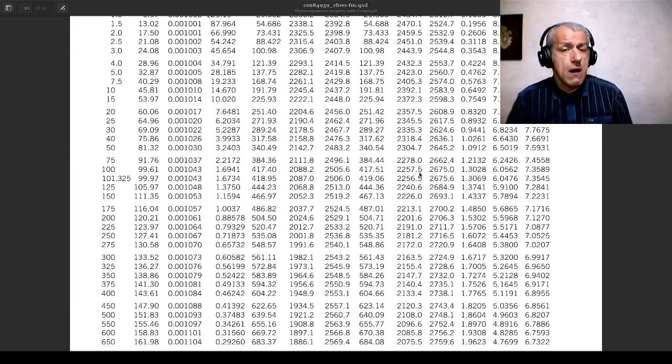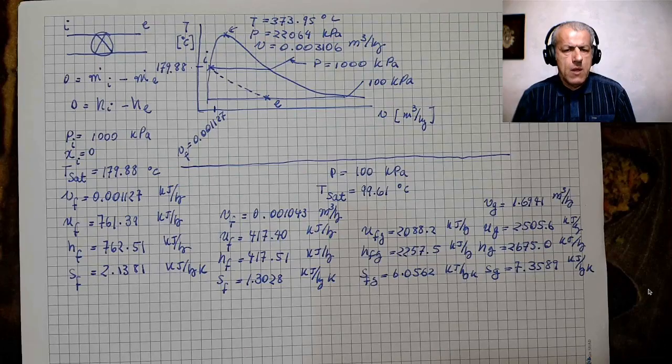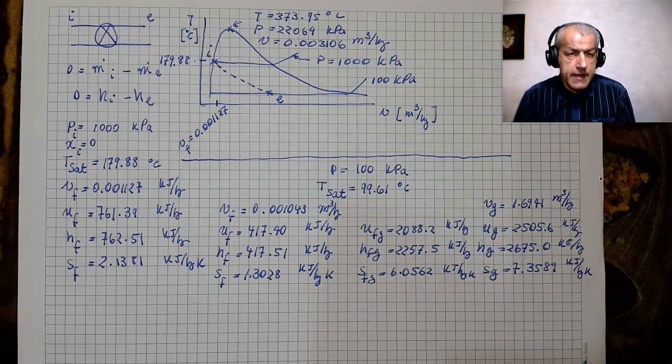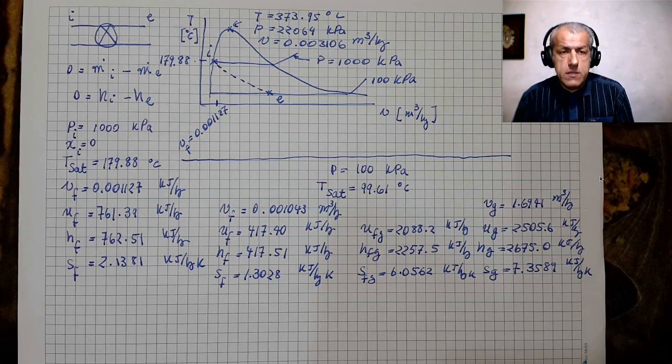We would need all properties for both F and G so that we could find values for E. I shall write these things down on the paper. These are the values for the properties at 100 kilopascals.